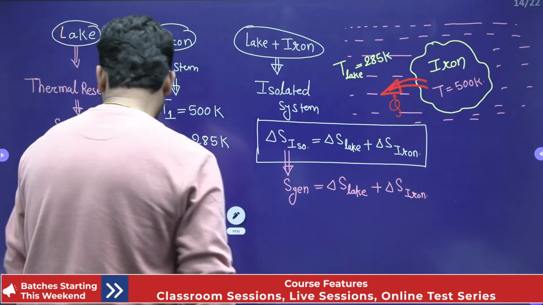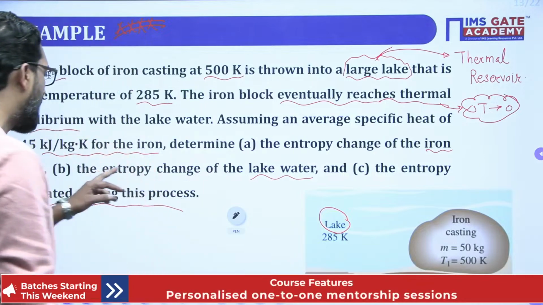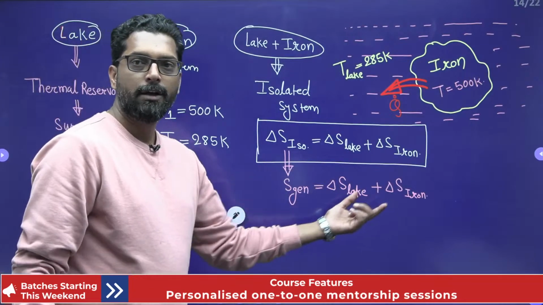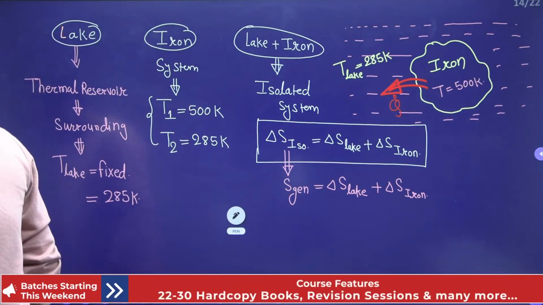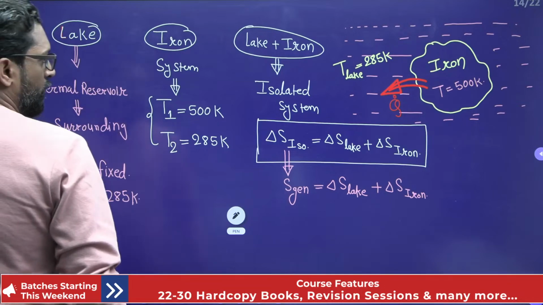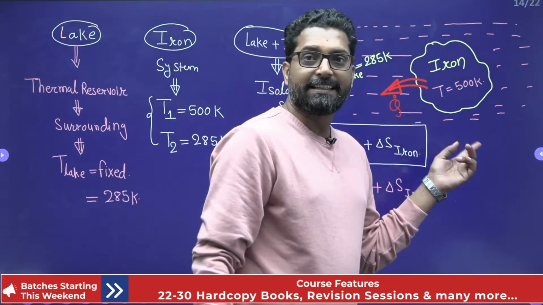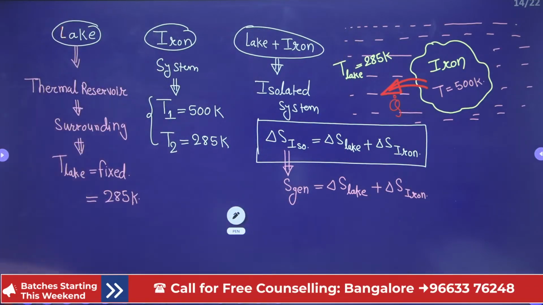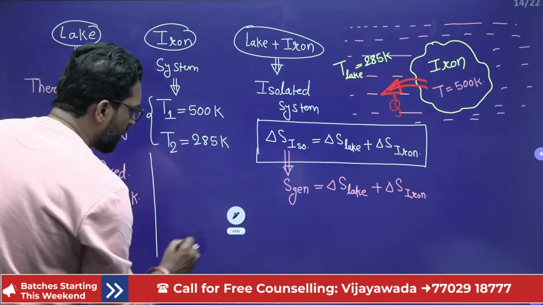Now first we have to find the entropy change of iron and the entropy change of the lake water, then add them. First, the entropy change of iron.